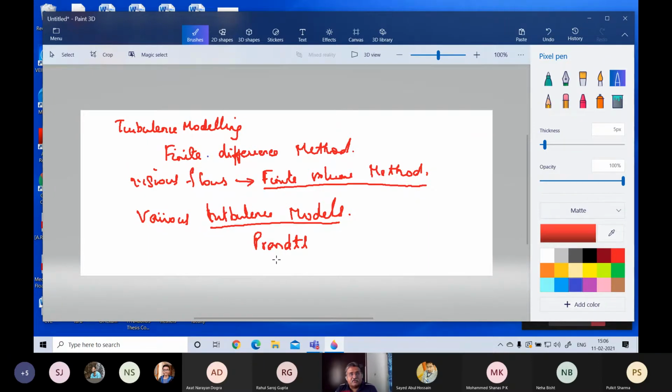For those in fluid mechanics, you should remember this name. Like some great names you will see, like G.K. Batchelor. I'm just mentioning it so that you know. Batchelor is a great name, just like Prandtl is a great name associated with fluid mechanics. So he proposed the first turbulence model.